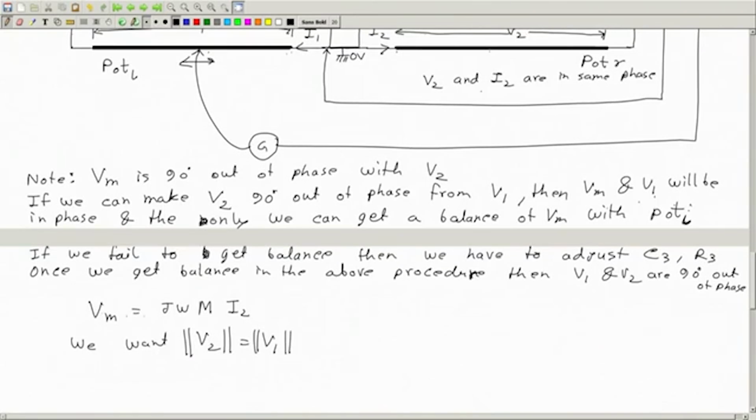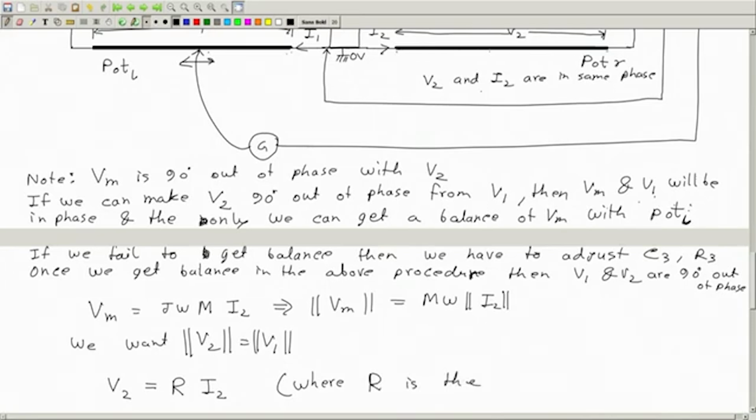Okay. So from here we can write that the magnitude of Vm is same as m omega magnitude of I2, and we can also write V2 is equal to R times I2, where R is the resistance of this potentiometer wire.